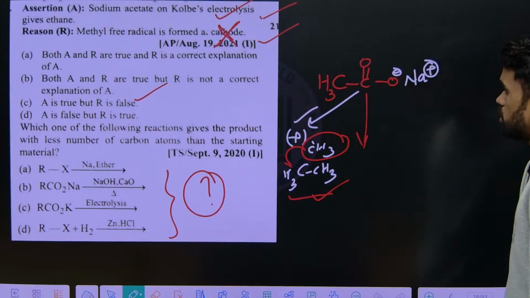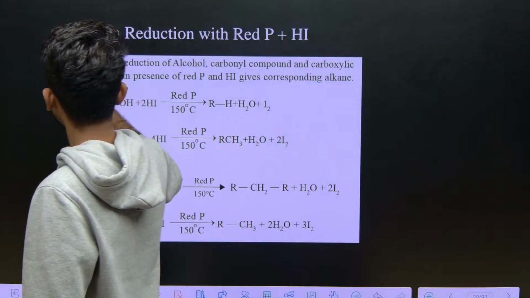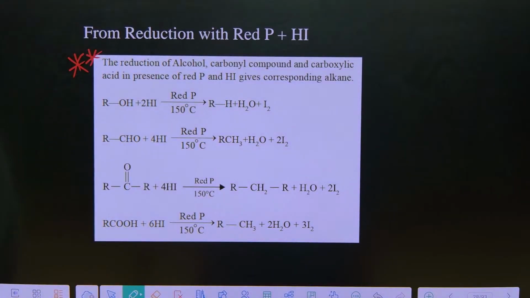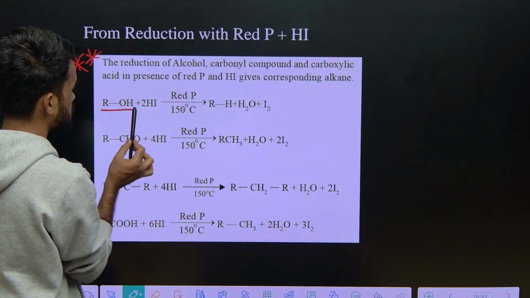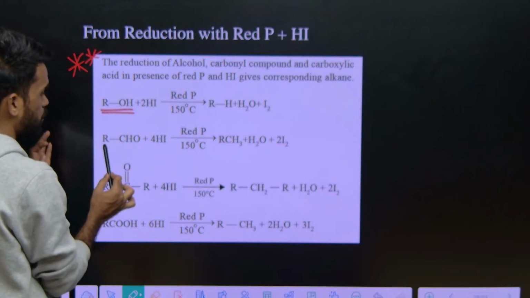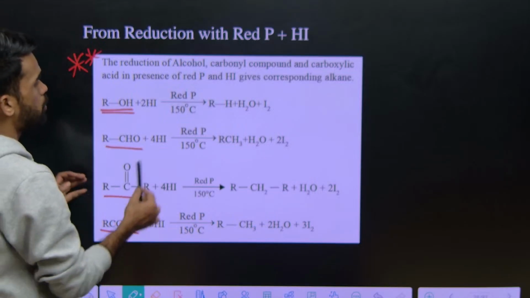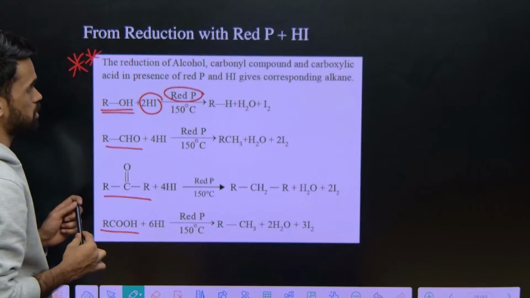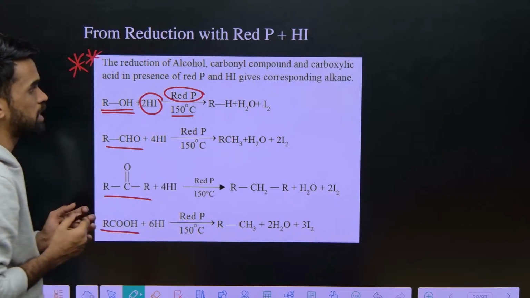Okay, and the next, one more important way to get your alkanes, hydrocarbons. So what is that? Treat the alcohols, whether it is an alcohol, an aldehyde, a ketone or a carboxylic acid, with HI in the presence of red phosphorus, maintaining the temperature at 150 degrees Celsius.